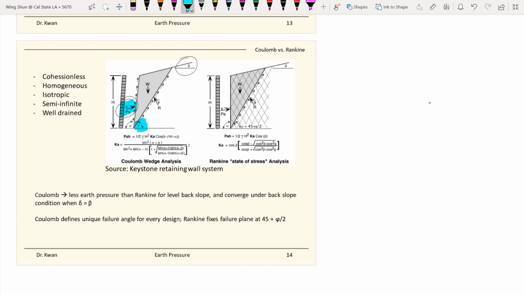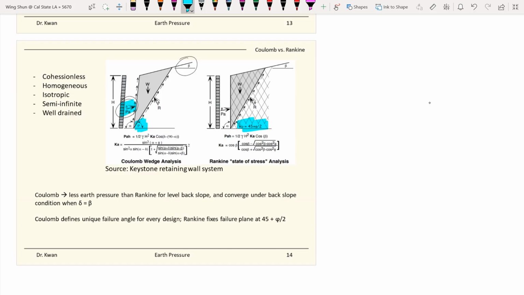But for the Rankine method, it is defined as a fixed angle of 45 plus phi over 2. It's a stress state analysis. In order to do the stress state analysis on the soil elements behind the wall, you need to define the failure plane, rather than searching for it as in Coulomb.